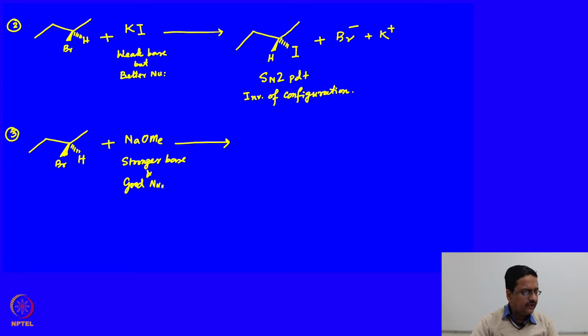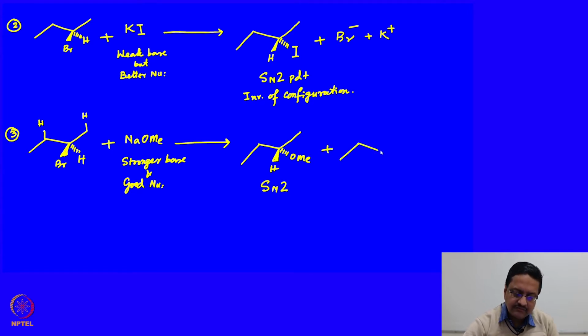With this stronger base with good nucleophilic capacity, you can get both SN2 and E2 products. We have a proton there and a proton here. The SN2 product would be this one, and you would note that there is inversion of configuration, and you should have the E2 products, which are these two.